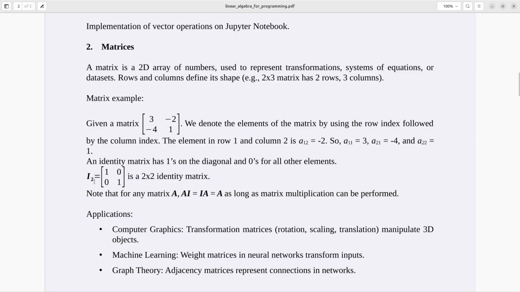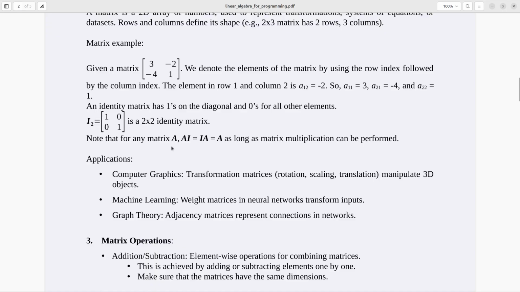So if I say I2, it means that I have 2 rows and 2 columns, and all the diagonal elements would be 1, and the off-diagonal elements would be just 0. Okay, so this is an identity matrix of dimension 2. Okay, and note that for any matrix A, A times I equals I times A equals A.